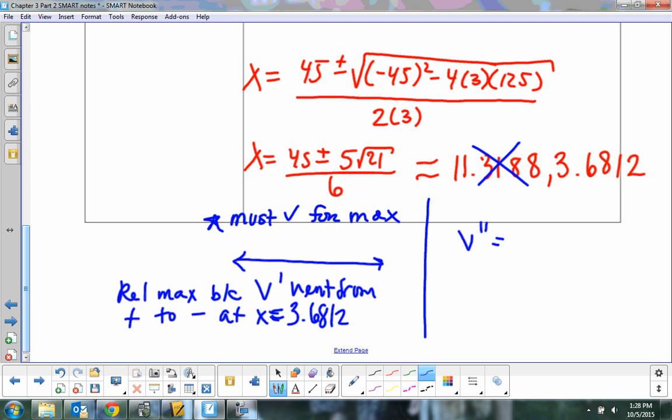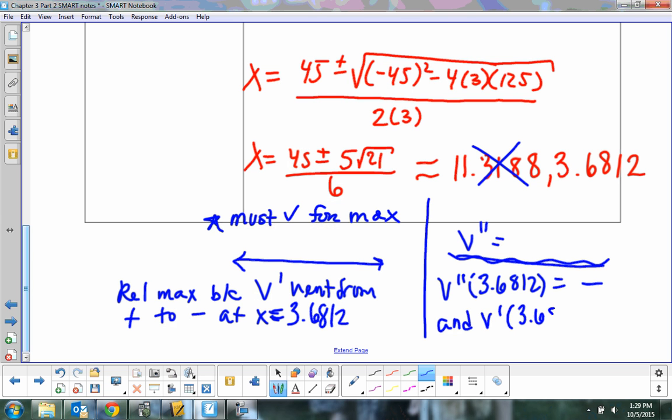If you did the second derivative test, then what would you give me for your justification? The second derivative is negative. Therefore, V prime of this guy equals 0, right?